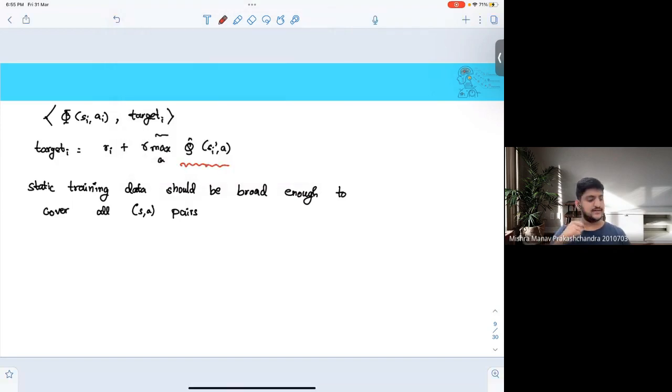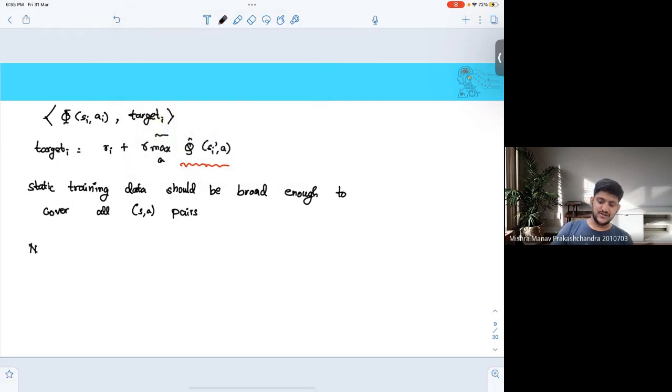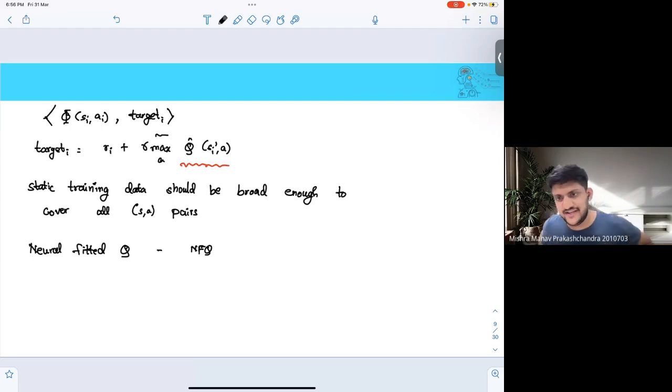So to do that, people make use of something known as a neural fitted Q. This is called NFQ. You pass it through a neural network so that for a sufficiently large number of states, you get the corresponding state action data. You generate points so that you can generate your LS data for the least squared, the fitted iteration step, right?